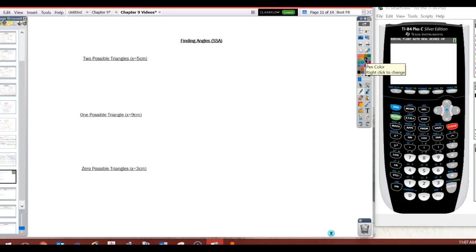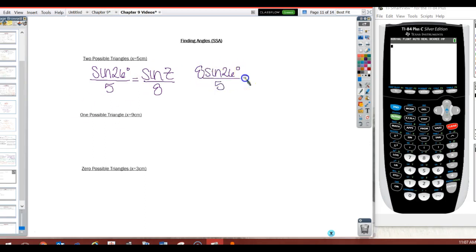And so we know that we have a 26-degree angle, and across from the 26-degree angle is going to be the 5 centimeters, x. And so we're going to try to find possible angle measures for angle z, we'll say. So the sine of angle z is across from the known side, which is 8. From here, using the law of sines, we will cross multiply, and we'll have 8 times the sine of 26 divided by 5 will end up equaling the sine of z.